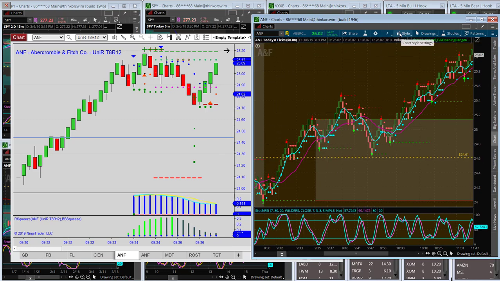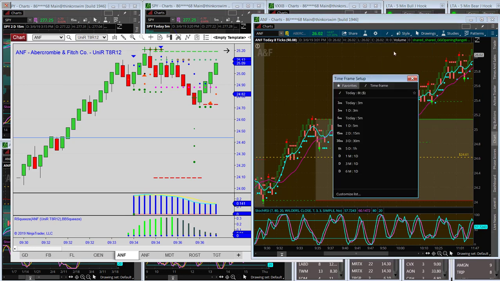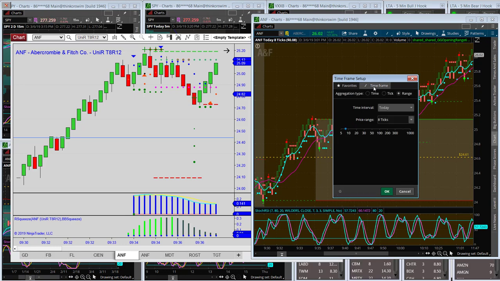What you do here is you go to Style, Time Frame Setup, Time Frame, Range. I use today, so that I only look at today's trading. You could use a 10 tick.